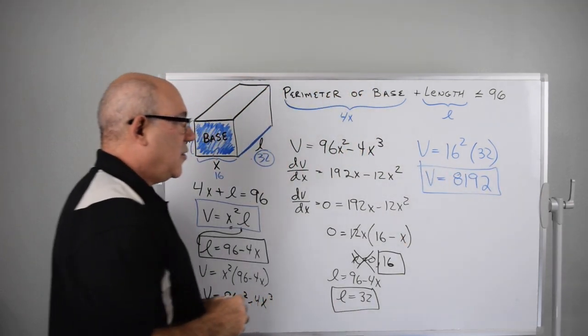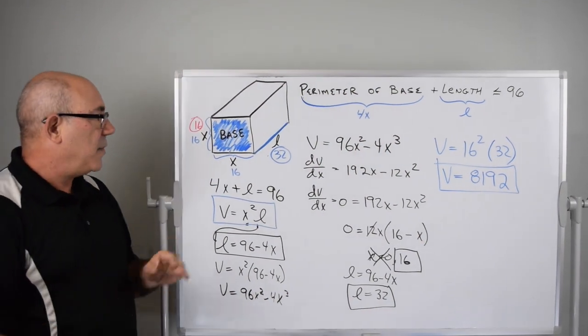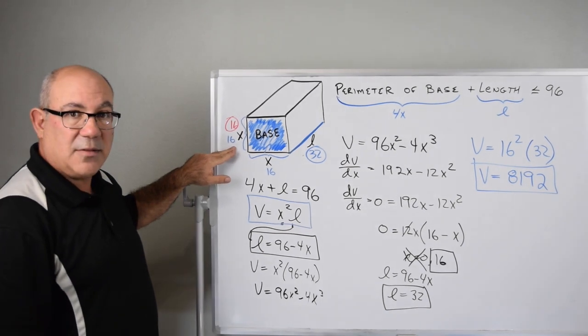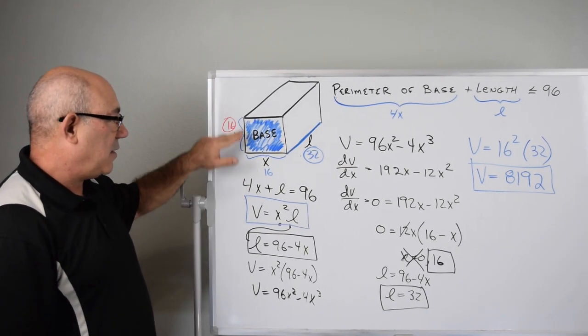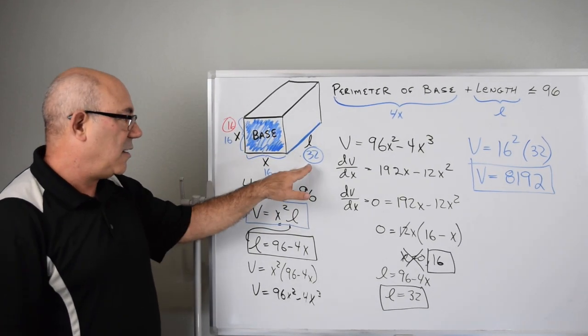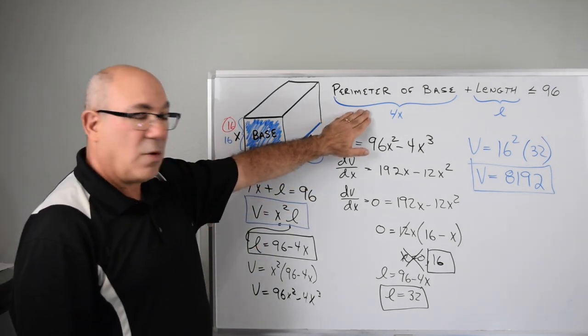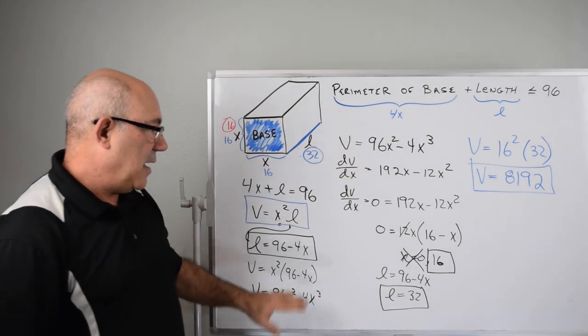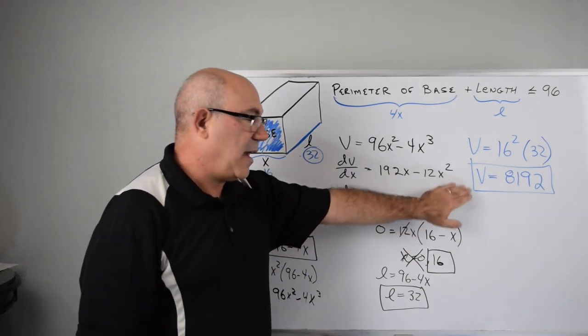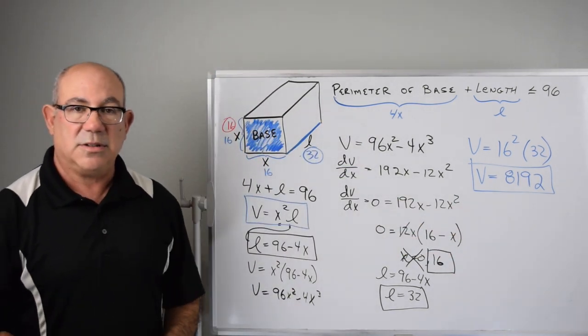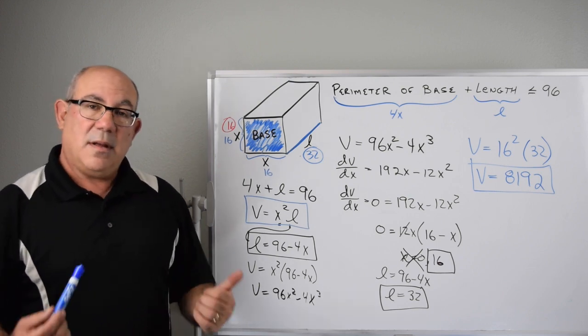And that's our answer. So to ship with maximum volume, we're going to have a box with a square base of x equal to 16, 16 by 16, and 32 in length. That satisfies the requirement of 96. And the volume that gives us is 8,192 cubic inches. And that's our answer.